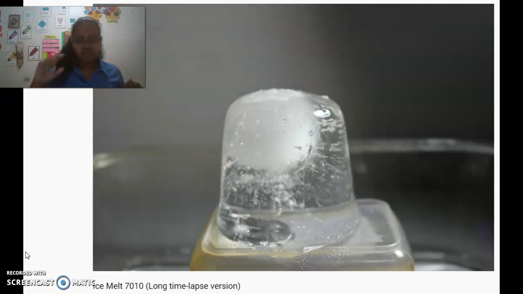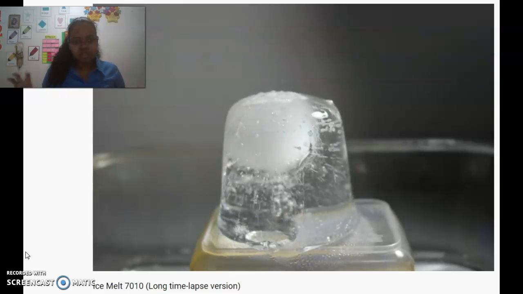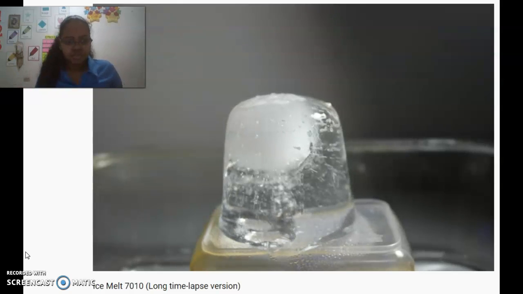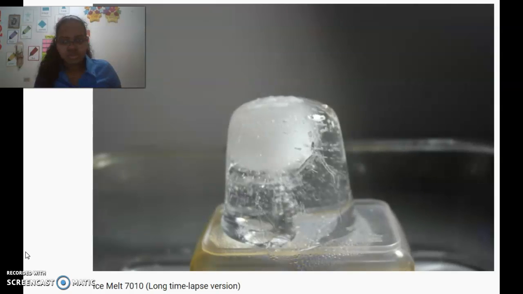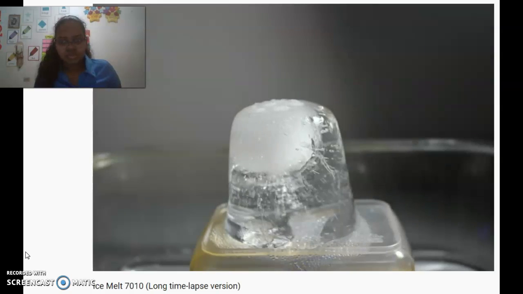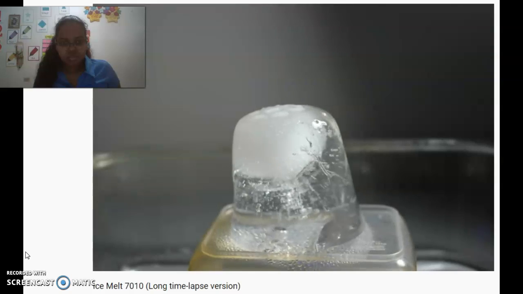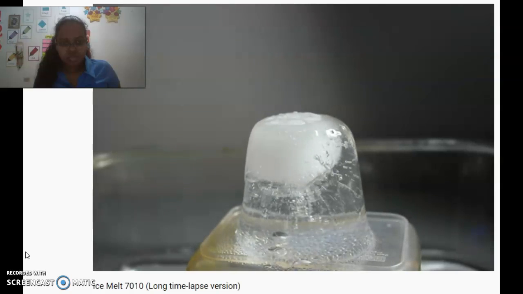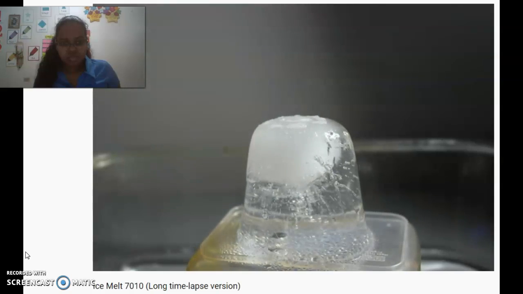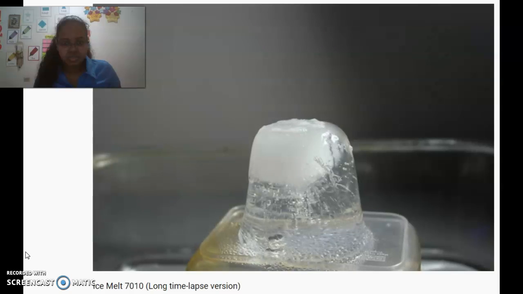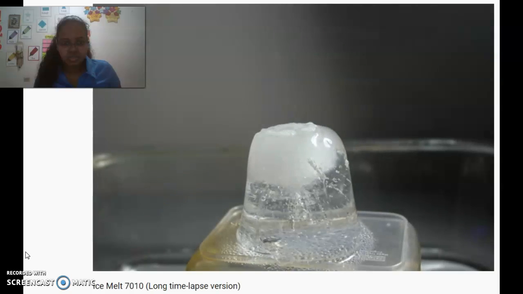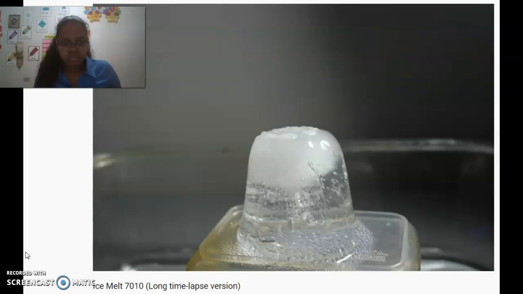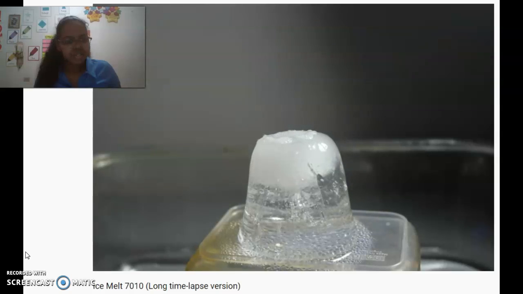And it's becoming smaller and smaller. Interesting, right?